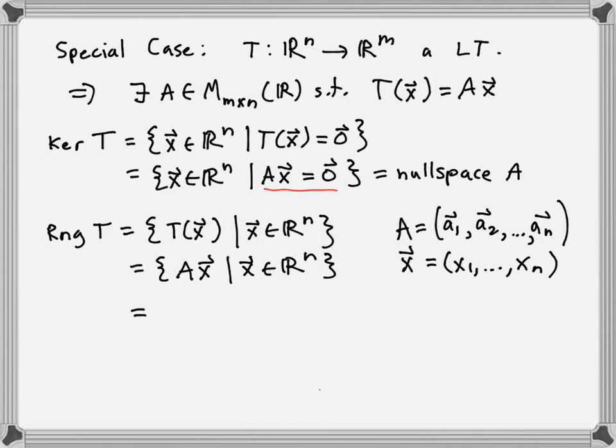If we make those two definitions, then this actually becomes as follows. This is x1 a1 plus x2 a2. These are vectors, plus xn an. This is just the definition, or one of the definitions of matrix multiplication, such that xi is in R.